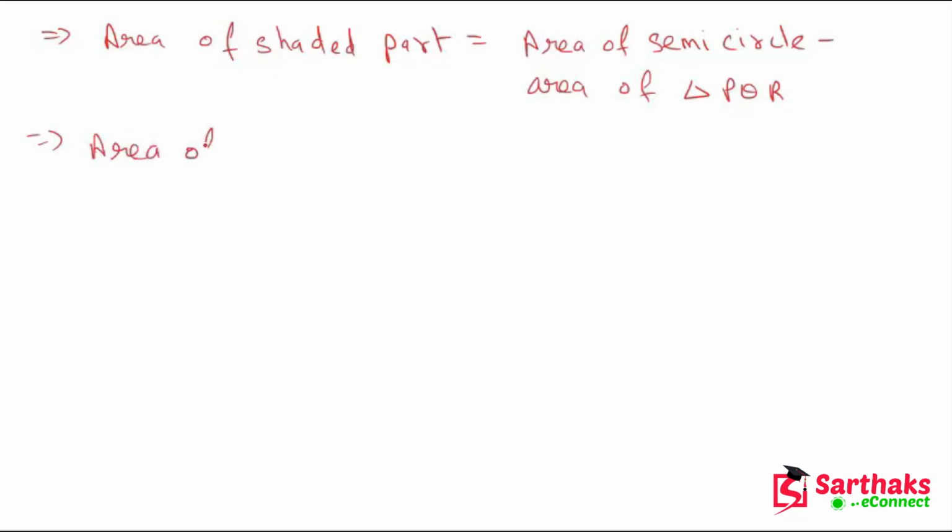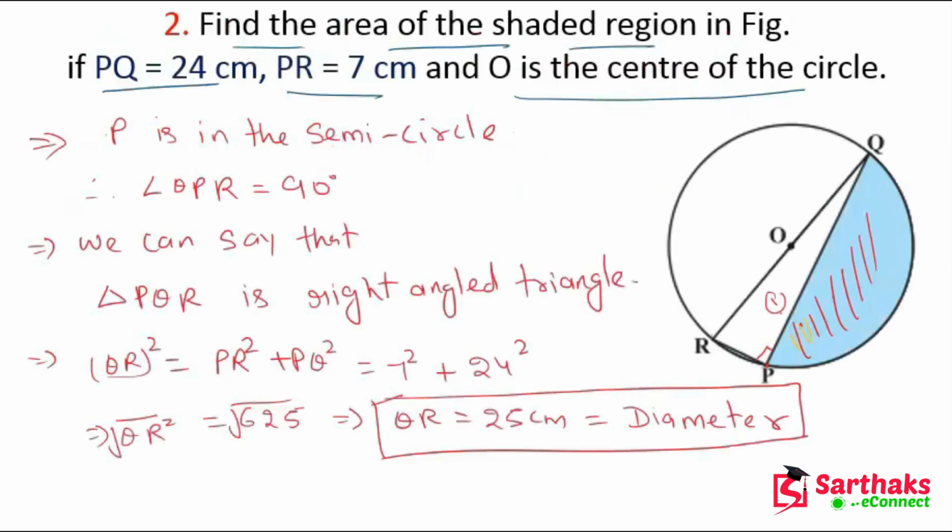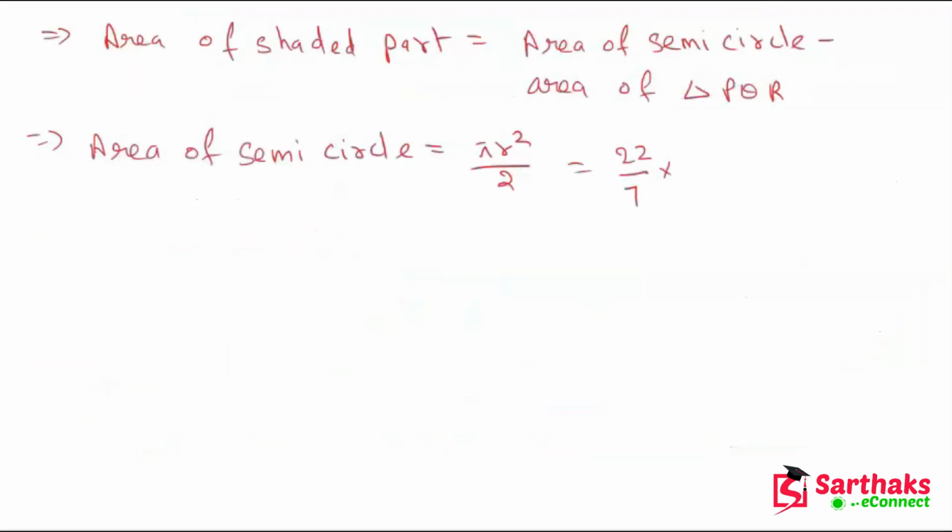Okay, now find the area of the semicircle. So area of semicircle is pi r square by 2, because this is half of the area of the circle. Okay, so we have 22 upon 7 into what is the value of r? We know the diameter is 25 centimeter, so it is 25 upon 2 into 25 upon 2, and there is another 2, which is this.